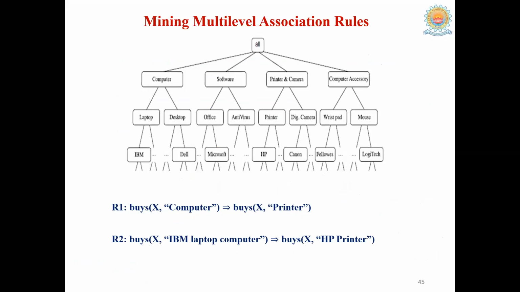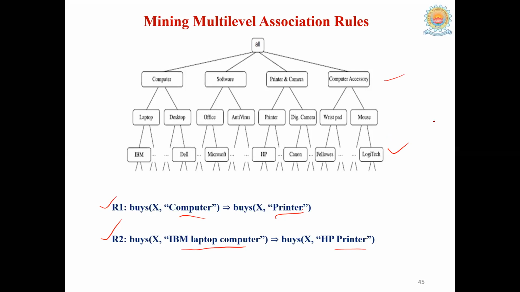If you consider rule 1, it is an ancestor of rule 2. Why? Because in rule 1, the items computer and printer belong to a higher level of abstraction, whereas IBM laptop computer and HP printer are extracted from lower levels of abstraction.